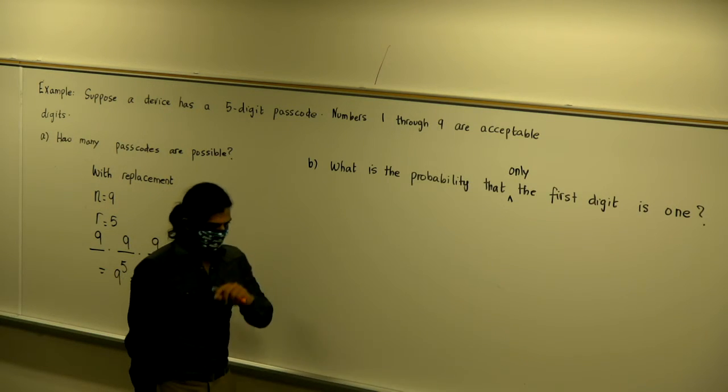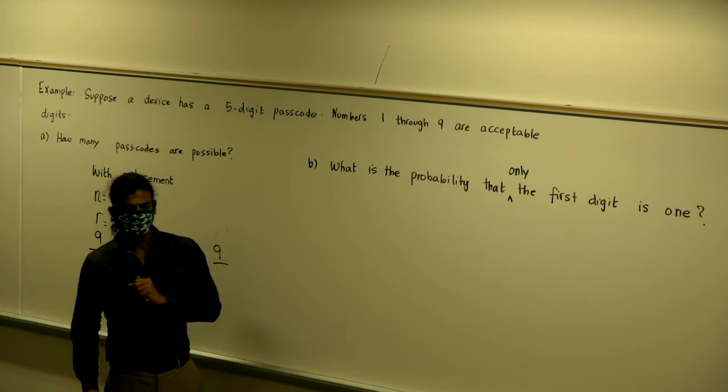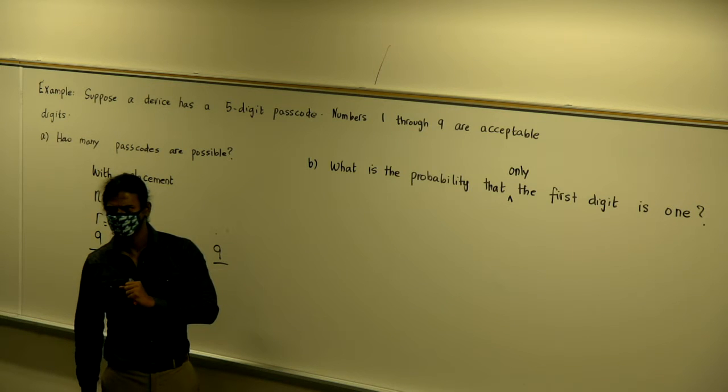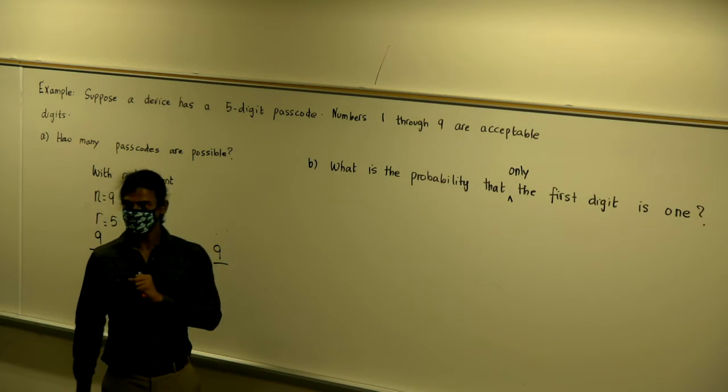How would we go about doing this? Could you do the probability that the first digit is 1, which would be 1 over 9, divided by the total? So it would be the probability of the 1 versus the probability of every other combination.